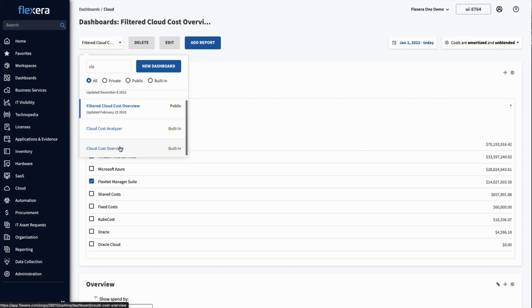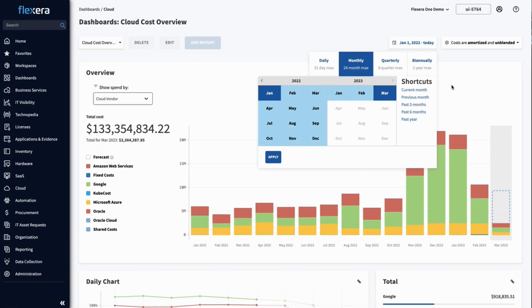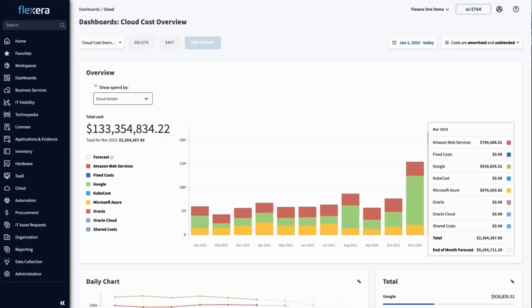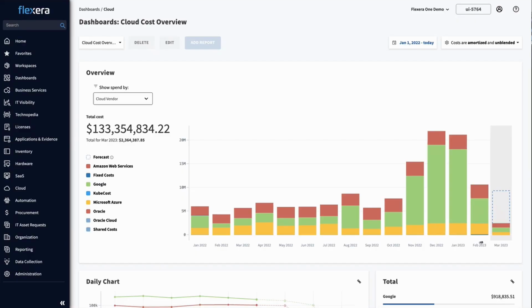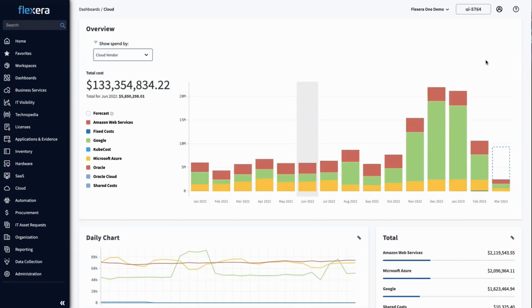So if you look at your cloud cost overview, you can do that on a monthly basis, and you include a partial month. Okay, so you have to include the current month here, March. You'll see the dotted box around the month that is selected here, and that is actually a projection of cost for that month. So you'll see end of month forecast here.